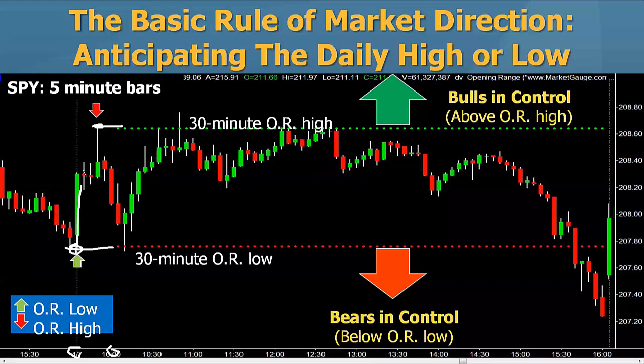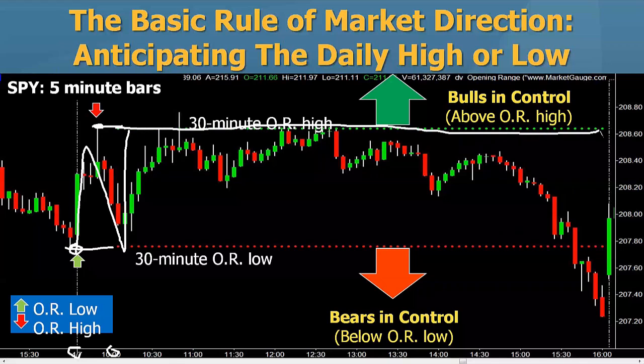So if you let the market kind of digest its initial thinking, you get your opening range, and then the first way you want to look at this, and we'll talk about a number of ways, is that when the market gets above that 30-minute high, the bulls are in control. When the market goes below the 30-minute low, the bears are in control. In between, it's either neutral or completely undecided.